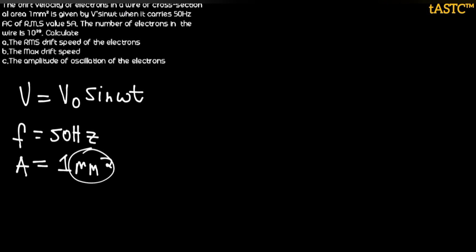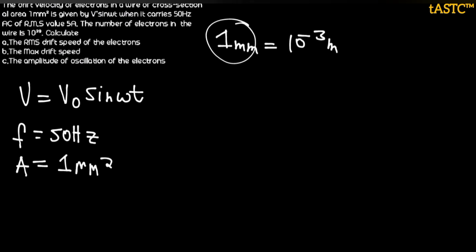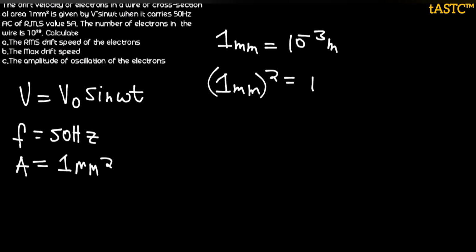Now, if we got this, we could change this to the SI unit for area. Now, we know that 1 millimeter is always equal to 10 to the negative 3 meters. Now, if we want to change this to millimeter squared, we need to square both sides. So this is going to be 1 millimeter all squared, and on this side we're going to have 10 to the negative 3 meter, and that will be squared.